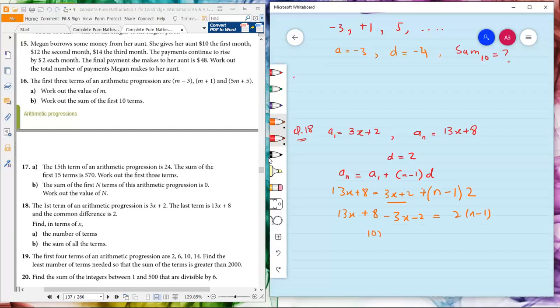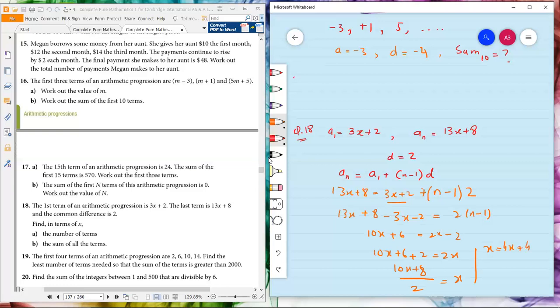So 10x plus 6 equals 2 into n minus 1. Then 2n minus 2 and 10x plus 6, plus 2, is equal to 2n, so 10x plus 8 divided by 2 gives n is equal to 5x plus 4.